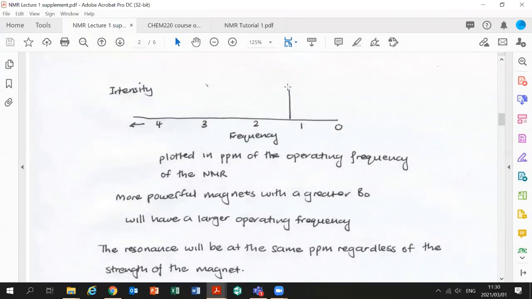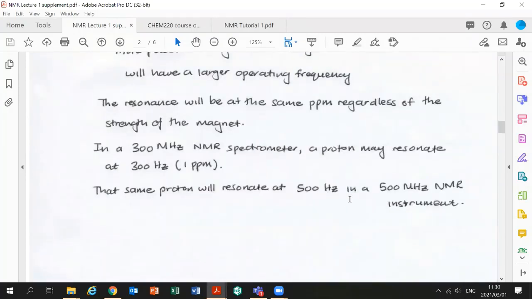So this value will stay the same, whether it's a 300 megahertz instrument, a 500 megahertz instrument, or a 900 megahertz instrument, because the amount of energy needed to flip the spin from the alpha state to the beta state is proportional to the applied magnetic field, B naught, right? And there's an equation in your book.